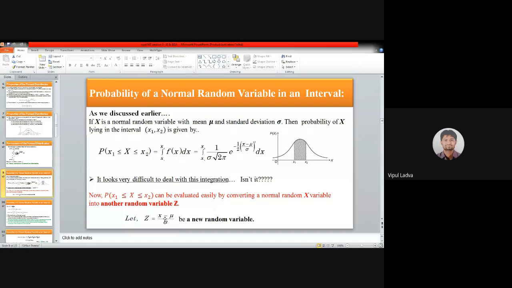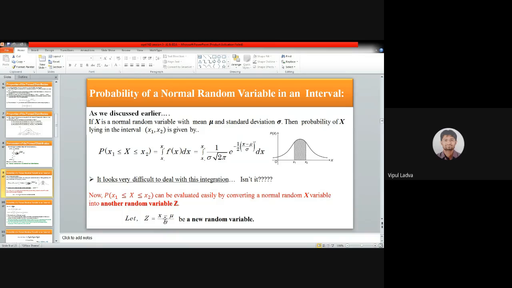What we need to take care of is that we are dealing with two different variables right now. Both of these are continuous random variables. One variable is x, the other variable is z. That x is the normal variate and z is the standard normal variate. So the question will be for x, but we will convert x into z, then using that standard normal variate, we will calculate the probability.